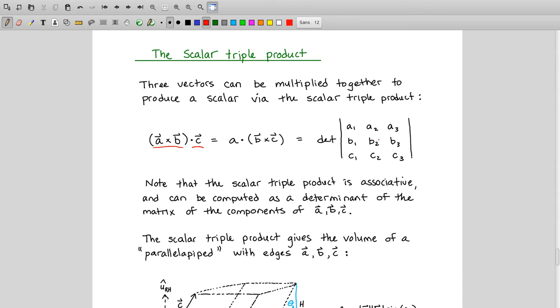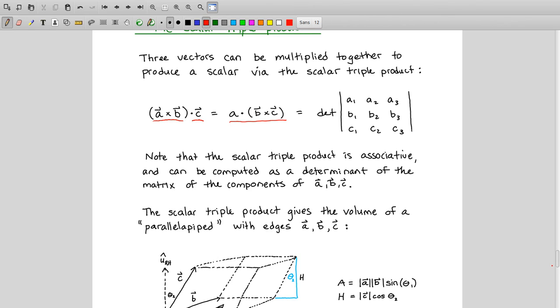And here we've also sort of shifted them around in a way that doesn't change the value of the determinant. So it's really equal to this one here. A dot B cross C is the determinant of this matrix formed by putting the 3 vectors in the 3 rows of a 3 by 3 matrix. So that's a way of multiplying 3 vectors together.